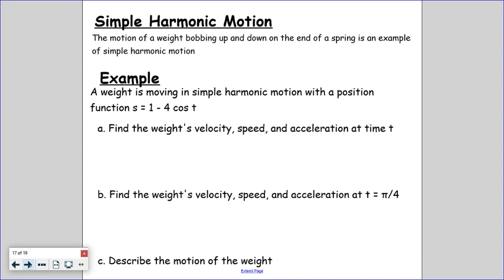In this question, it says we've got a weight at the bottom of a spring and that we can find the position of the weight at any moment in time by this position function, s equals 1 minus 4 cosine t, t being time in seconds or time in whatever it is. First thing it asks me to do is find the weight's velocity, speed, and acceleration.